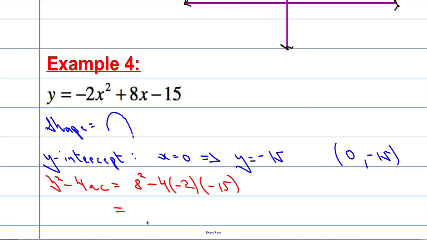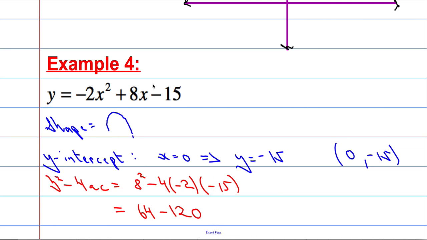Okay, 8 squared is 64. Minus 4 times minus 2 is 8, and then 8 times negative 15. Well, I know 4 15s are 60. That means 8 of them must be 120. Minus 120.